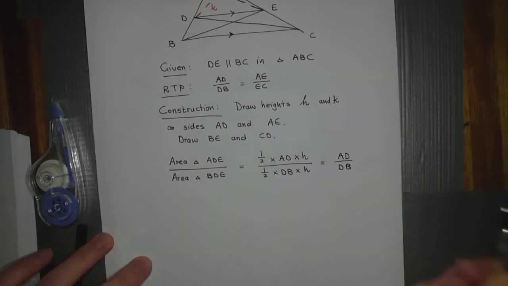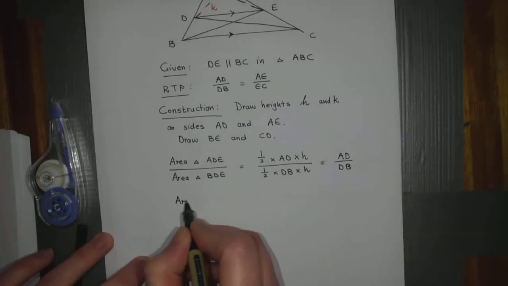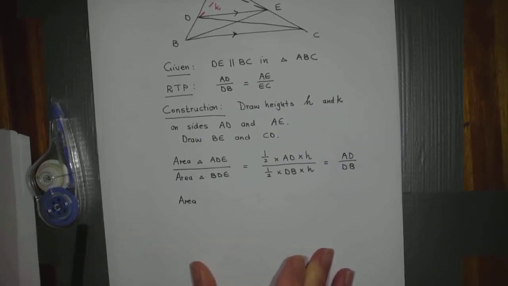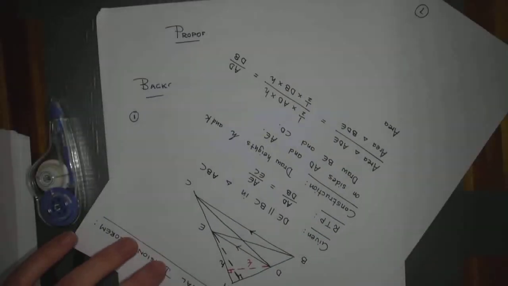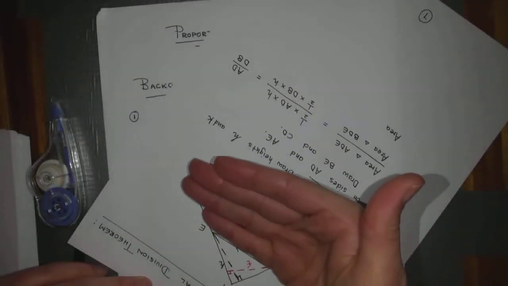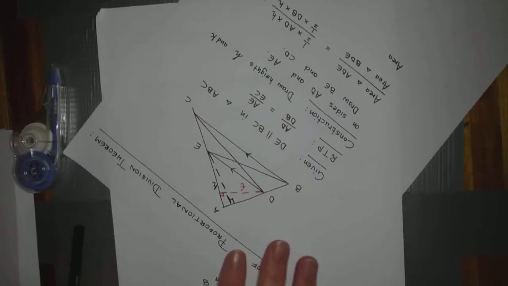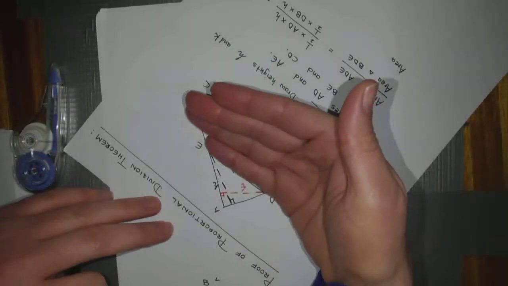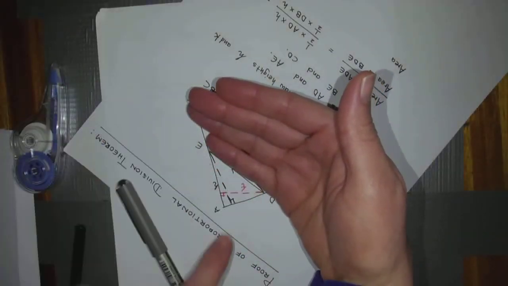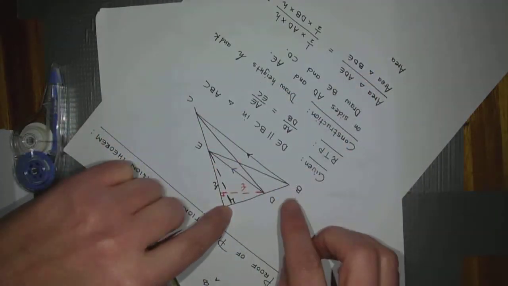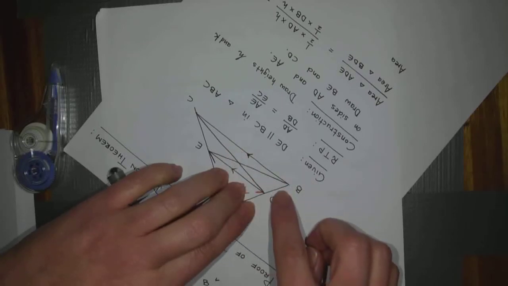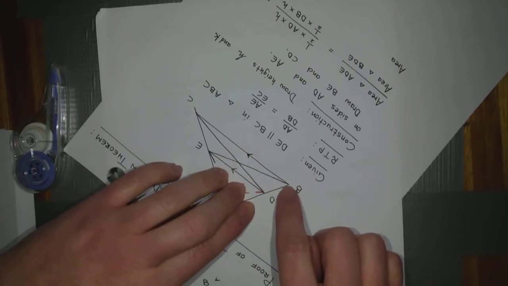Now we're going to do exactly the same thing. The height again. Do you want to see the height thing again? Okay, if I turn it sideways over here, here's my first triangle that I was looking at. For this particular triangle, I know AD is my base, there's my base, and I know my height, there's H. Now if I look at this triangle over here, it has got an obtuse angle.